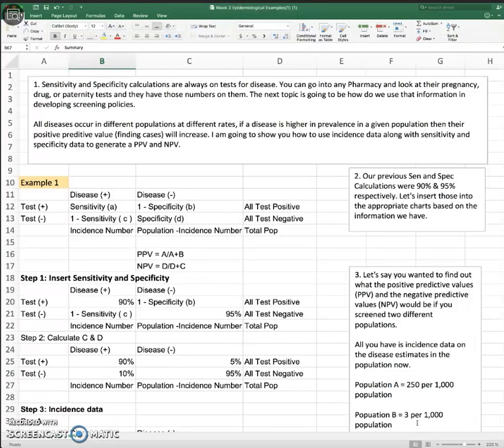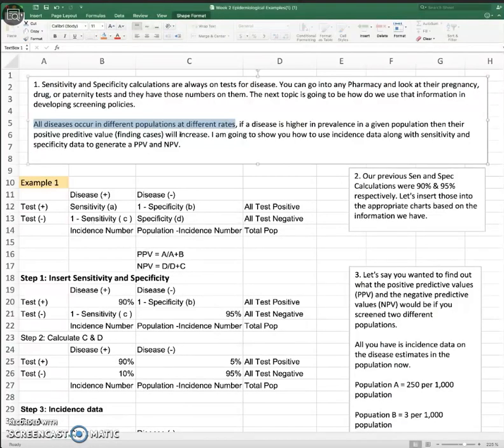Anything has to give you its lab-dictated sensitivity and specificity numbers. But as epidemiologists, we know that diseases occur in different populations at different rates. If a disease is higher in prevalence in a given population, then the predictive positive value, or your ability to find new cases, will increase.